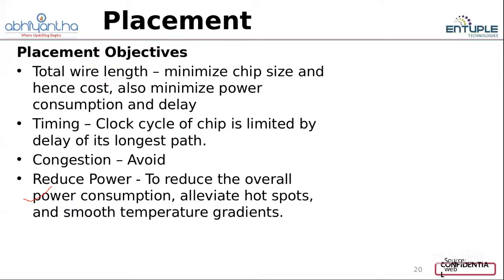So this evaluates hotspots, that is, hotspots will get created in the defined area. These hotspots will be identified and overcome by another tool, the voltage tool. In that you can see the temperature gradient also, and you can analyze it.